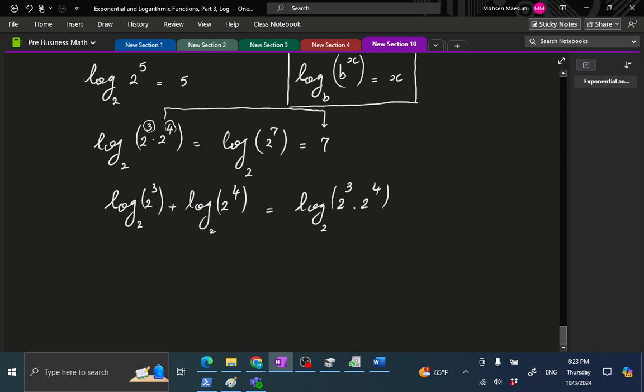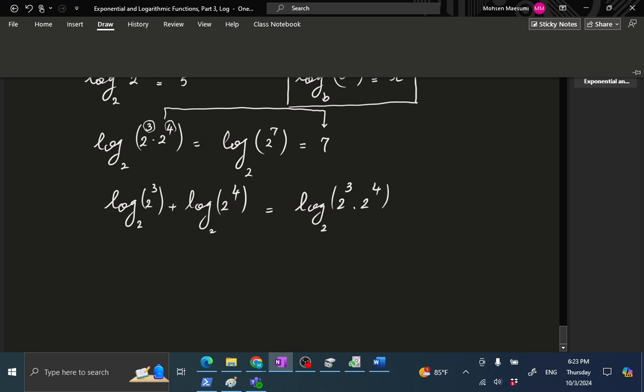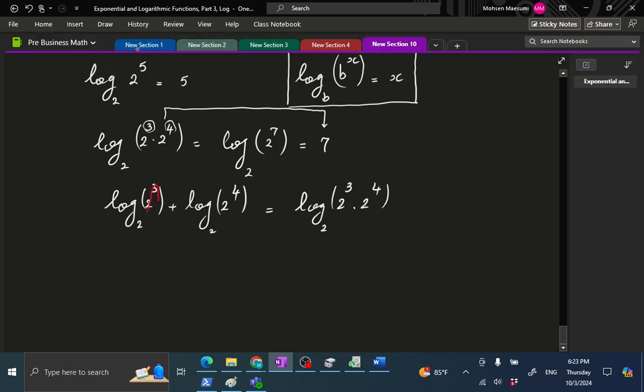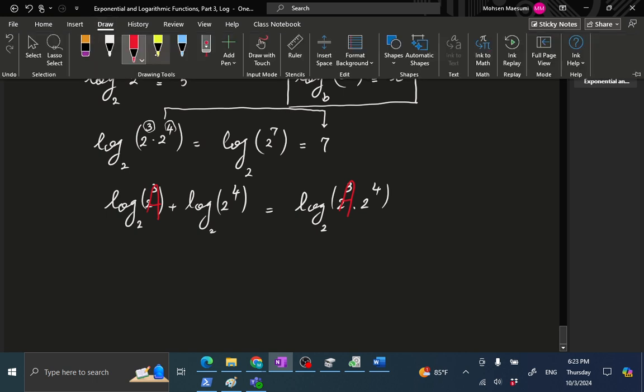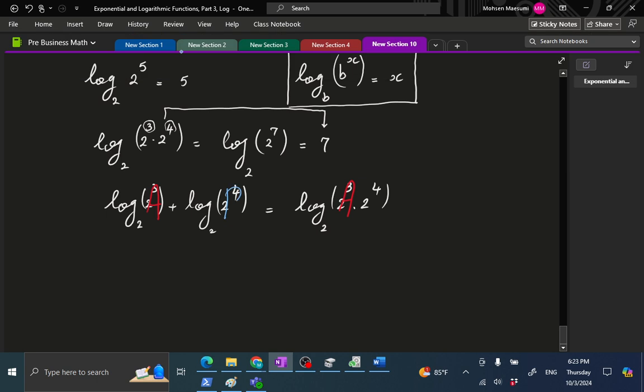What we see here is true in general, meaning there's nothing special about the particular numbers that I used. I used numbers that are familiar to us. But if we had any number here, let's call all of this number A, and 2 to the power of 4, let's call that number B. What this rule says is a logarithm of a product of two numbers is the sum of the logarithms of those two numbers.